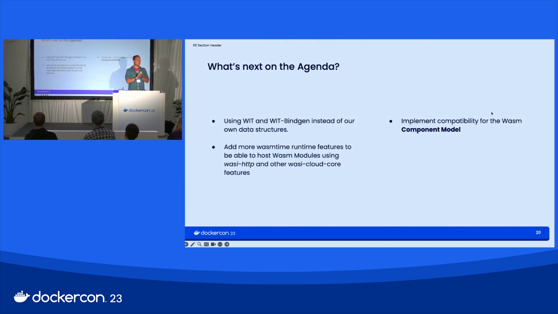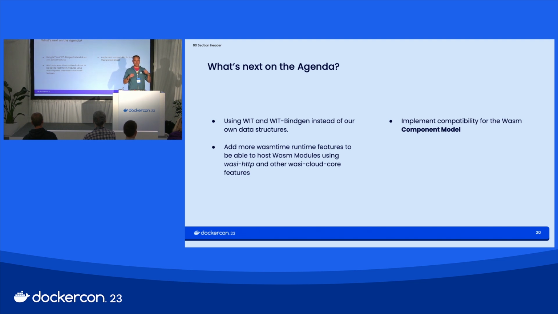So what are the next steps, basically? The next steps are that this was a great example, but we have not made use of WIT or WIT bindings. This is another thing from this big bubble at the beginning. WIT files are basically interface types or WebAssembly interface definitions. You can build C and Rust code against it, so that we don't have to generate the structures by ourselves. So this is definitely the next step.